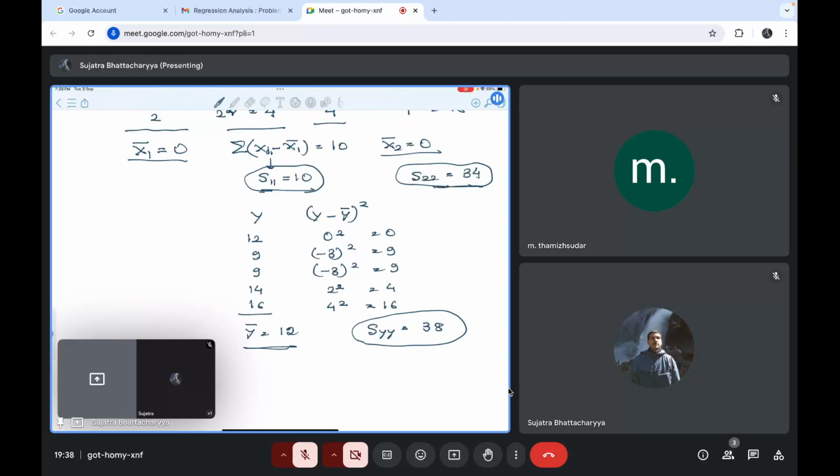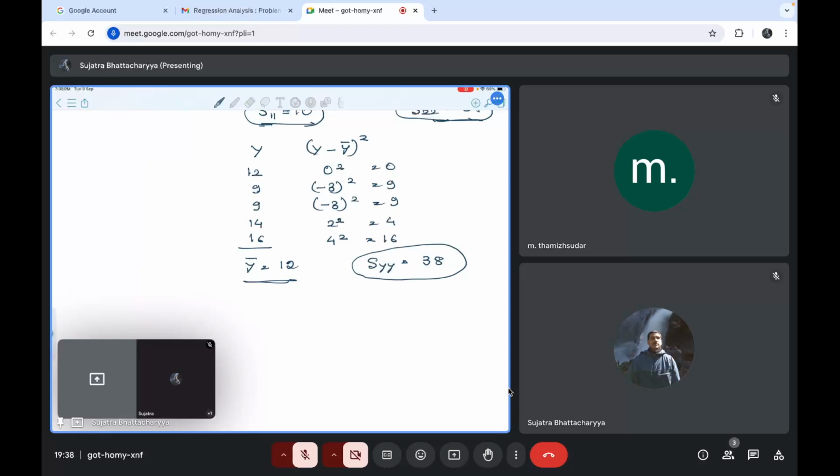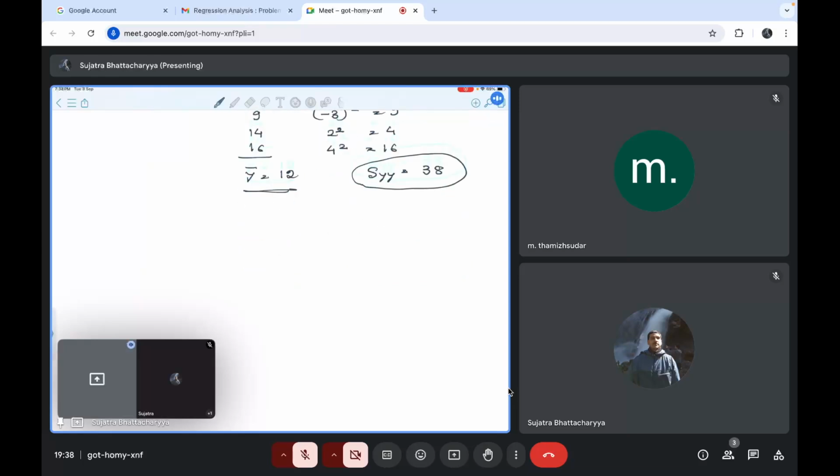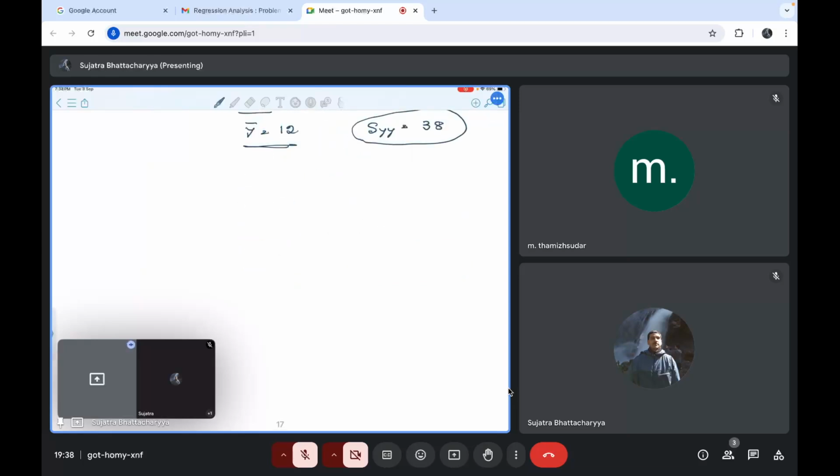So X1 bar, X2 bar, S11, S22, Y bar and SYY are already found. The only thing we now require is to compute small x1, so each and every term we do and finish it. Let me write x1 again: minus 2, minus 1, 0, 1, and 2.